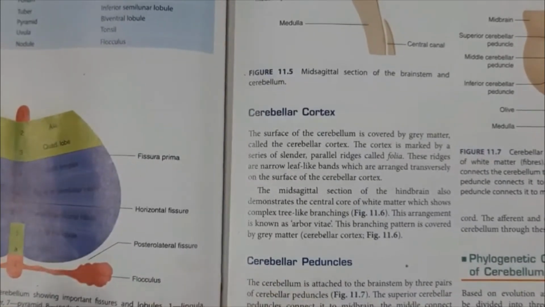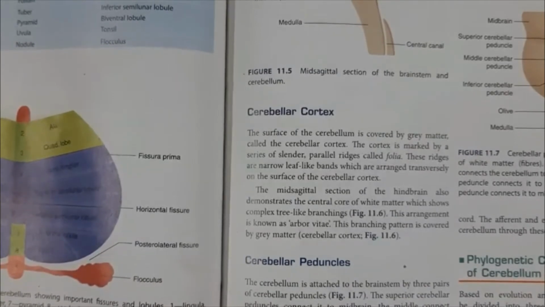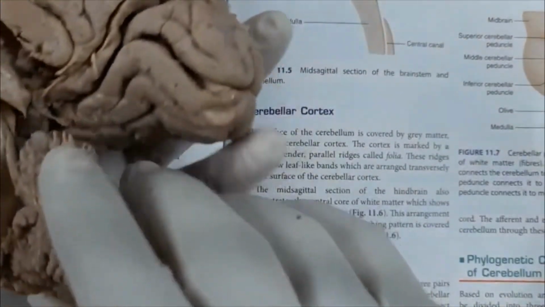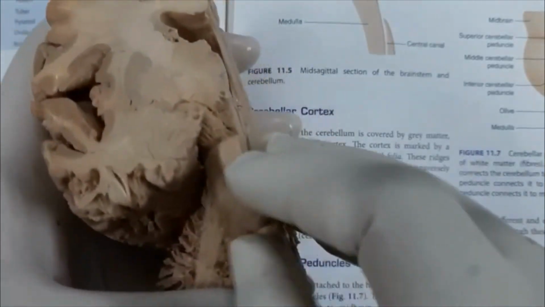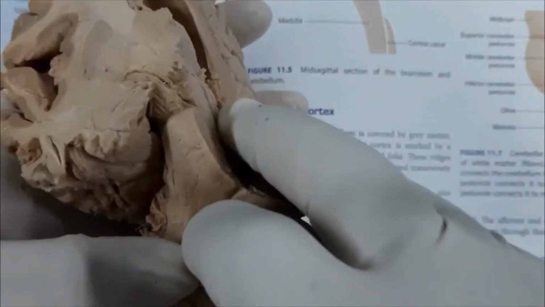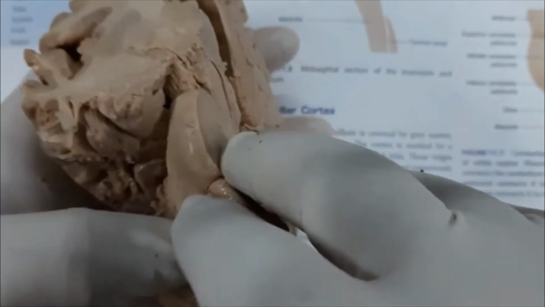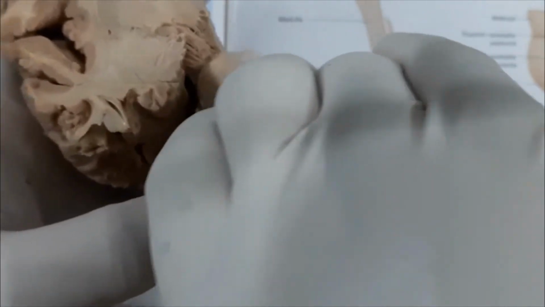This cerebellum is connected with the brain stem. I will show you here at least 2 or 3 cerebellar peduncles just by pulling this cerebellar lobe more laterally.